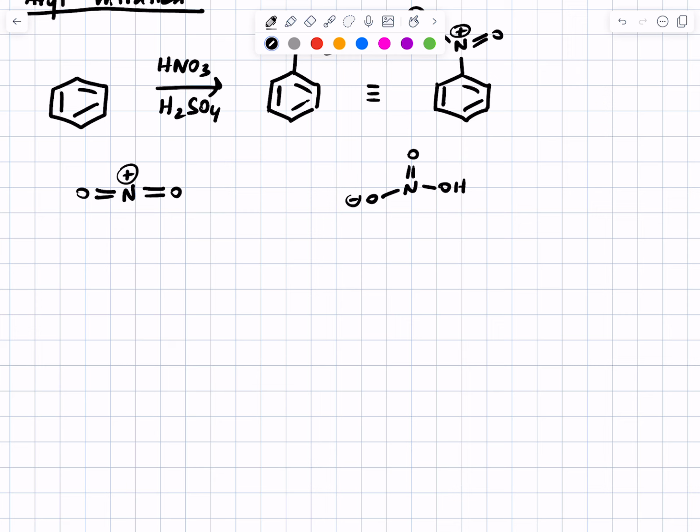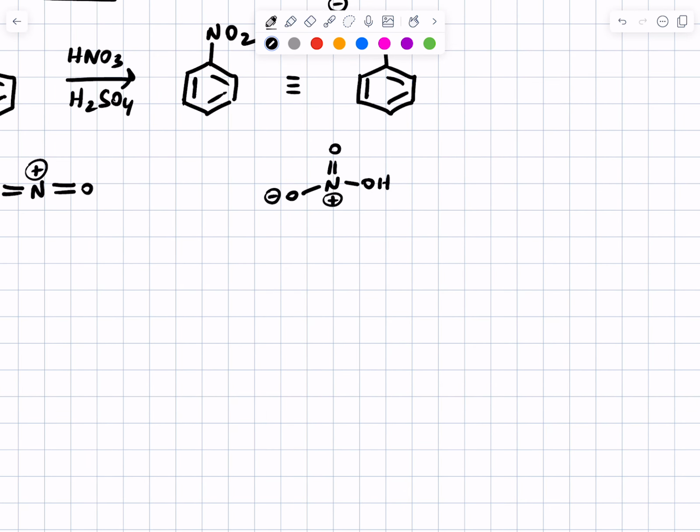This is nitric acid. It's got a positive formal charge on the nitrogen and a negative formal charge on the oxygen. And then you've got H2SO4. So you've got a very acidic mixture. Certainly this acid, sulfuric acid, could protonate on this negatively charged oxygen, and that happens. But that negatively charged oxygen is resonance stabilized, and it's possible that at another point, sulfuric acid might protonate on the other oxygen.